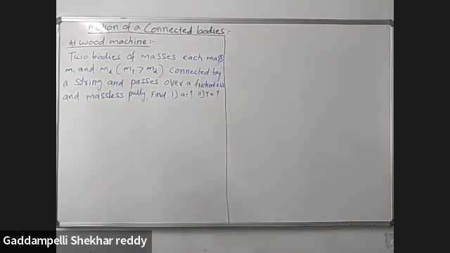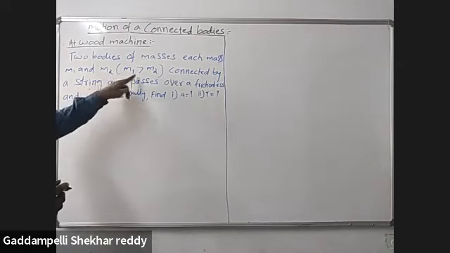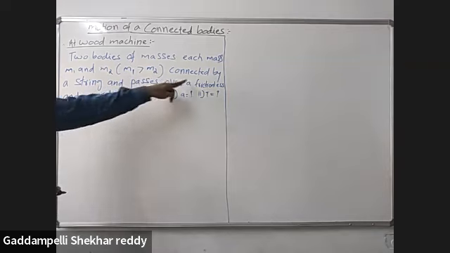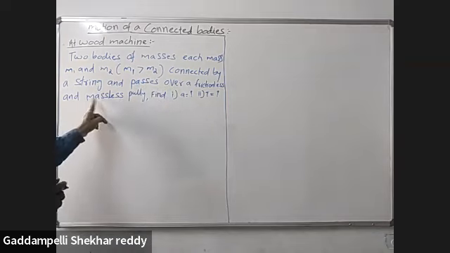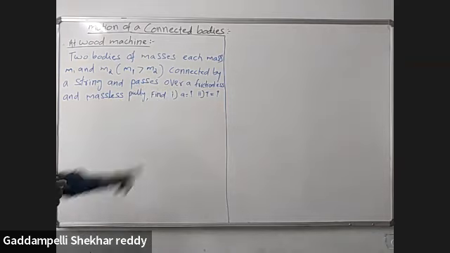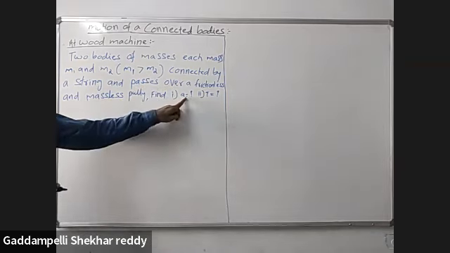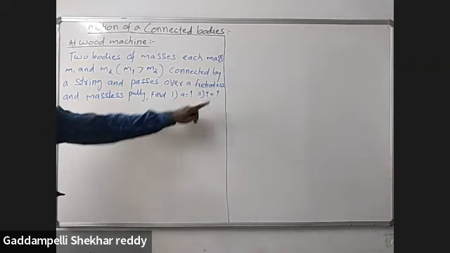Now, in Atwood's machine, two bodies of masses m1 and m2, with m1 greater than m2, are connected by a string and pass over a frictionless and massless pulley. Find the acceleration and the tension in the string.